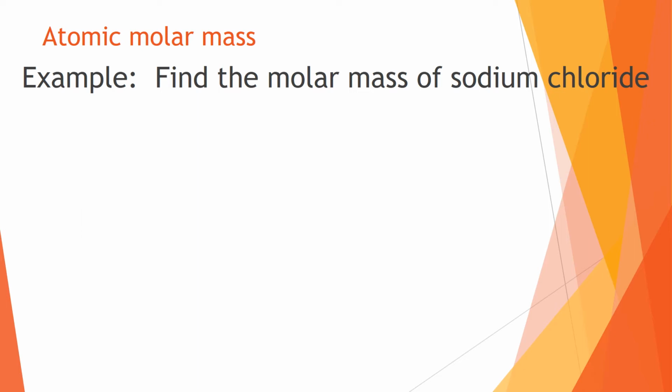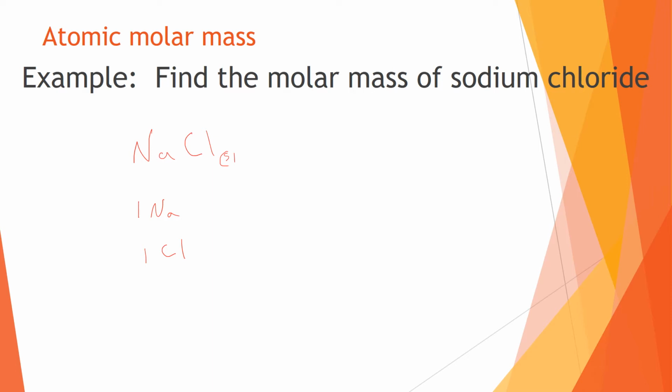All right, so the first step that you need to take is to write out the formula. We'll start with an easy one: sodium chloride. The next thing we need to do is count the number of atoms of each element inside my compound. So I have 1 Na and I have 1 Cl.